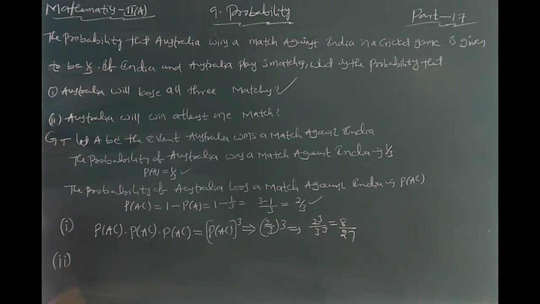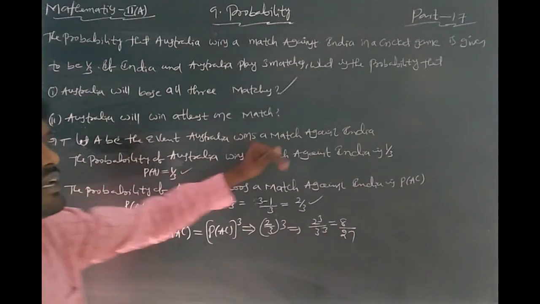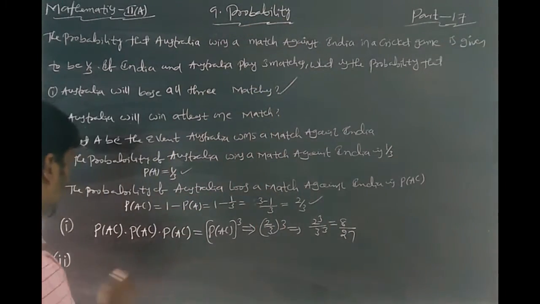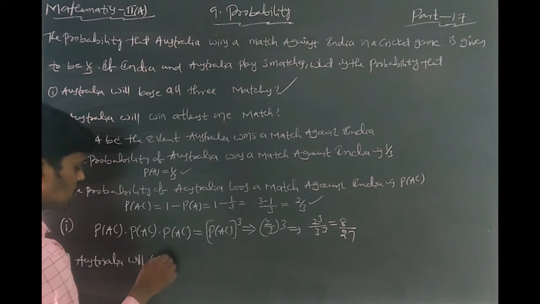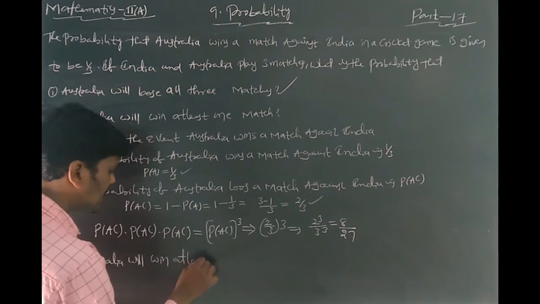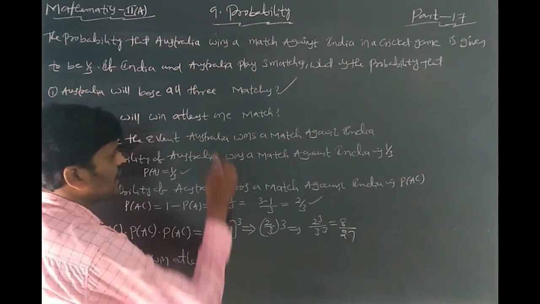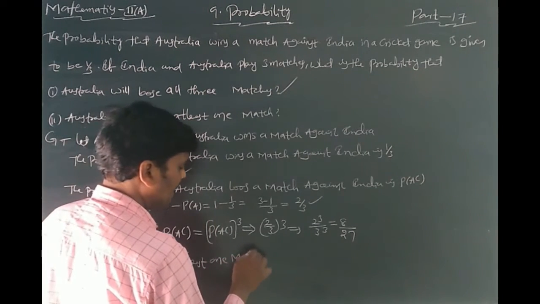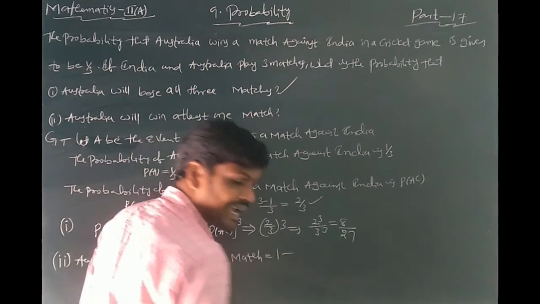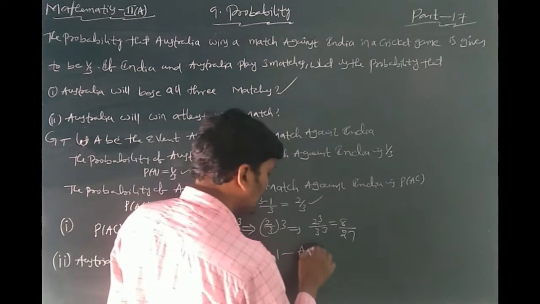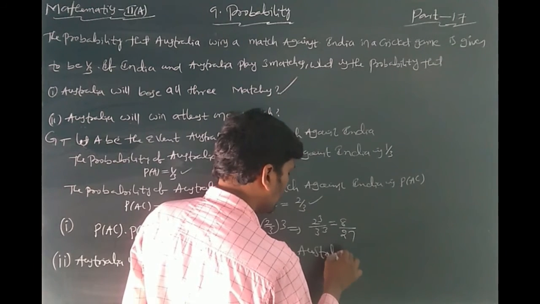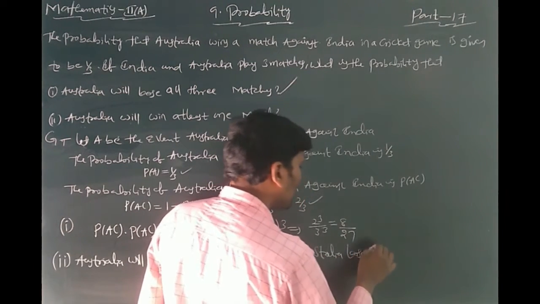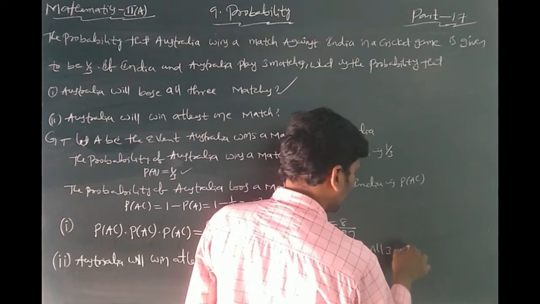Next, the second problem: Australia will win at least one match. At least one match is equal to 1 minus the probability that Australia loses all 3 matches.